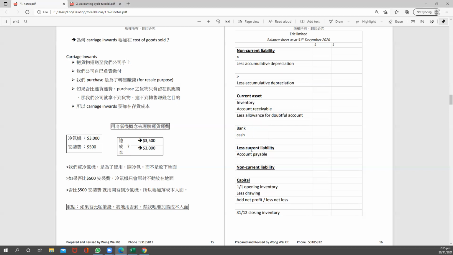So for current liability, you must settle within 1 year. But how about the long-term liability? Do we have to settle the long-term liability within 1 year? Of course not, right? Current liability you have to settle within 1 year. For the long-term liability, it's more than 1 year.